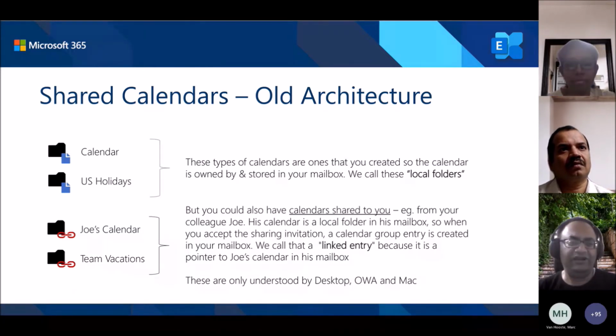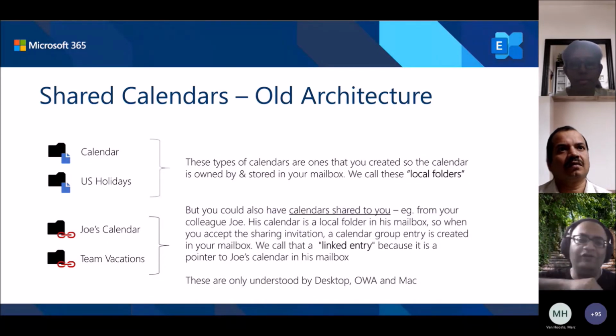And similarly, the other way around, if there's a change made by the delegate, it's got to go find out where the primary calendar is, go update it, and so on. So the syncing involves a lot more complexity, which we thought was probably causing the unreliability.